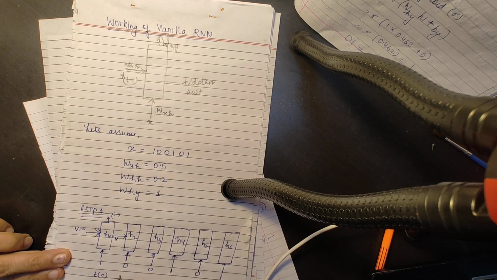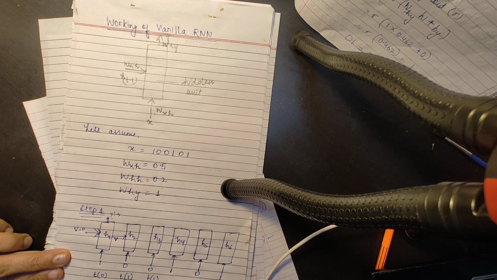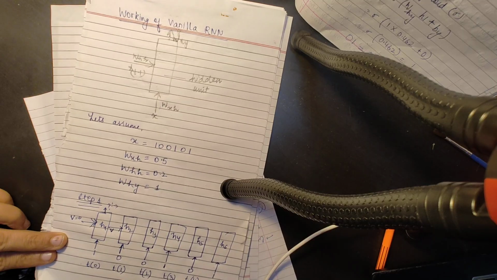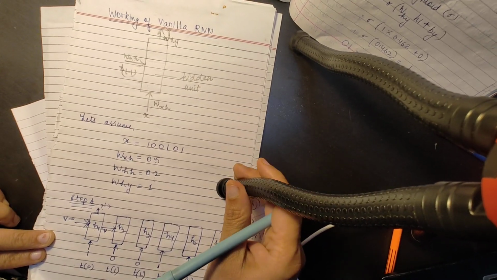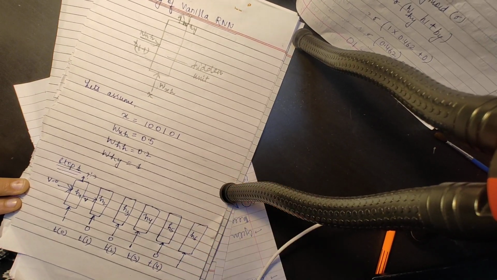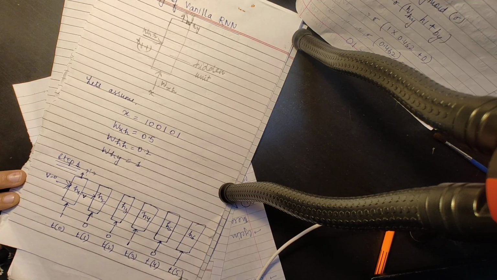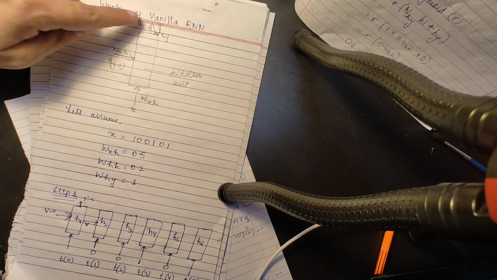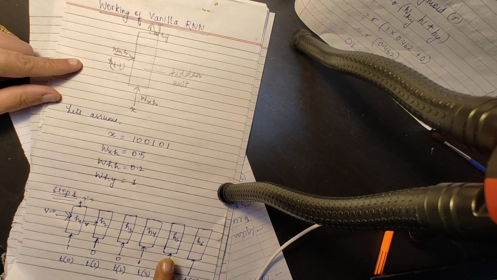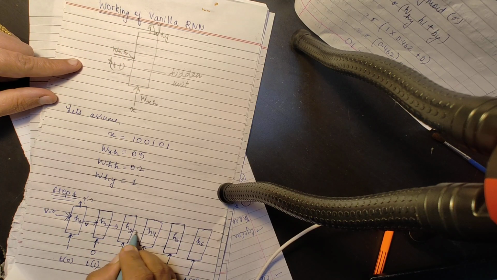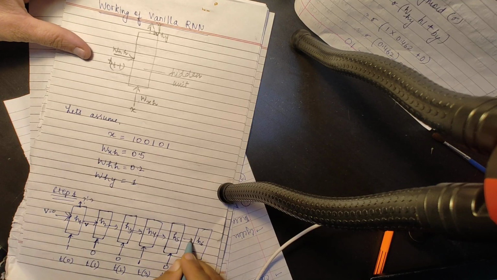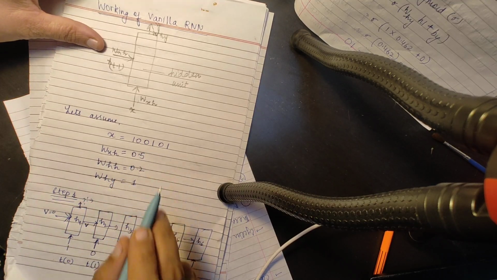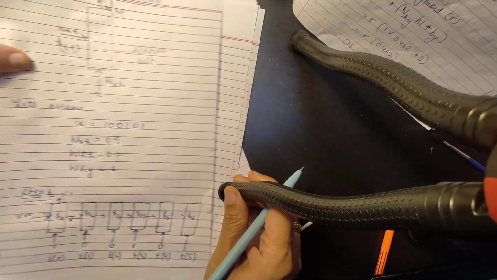This is at timestamp T0, this is at timestamp T1, T2, T3, T4, and this is at timestamp T5. So we can see that this architecture is getting replicated with each timestamp. Now we will see how this information will be processed.